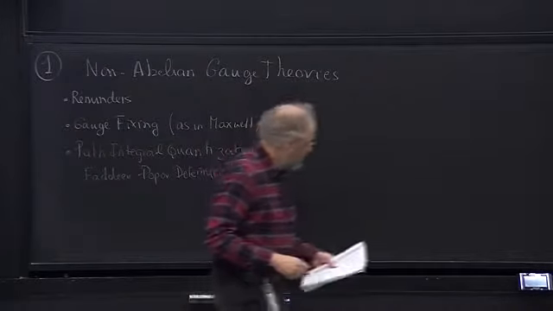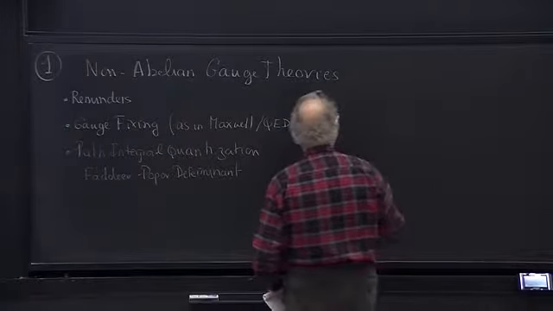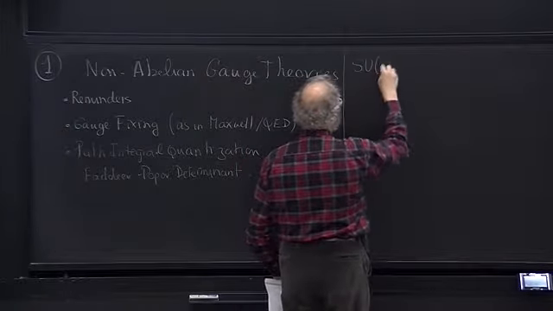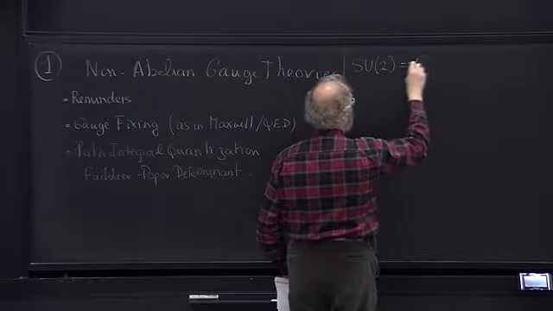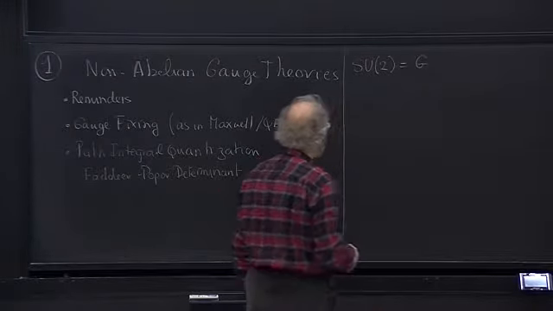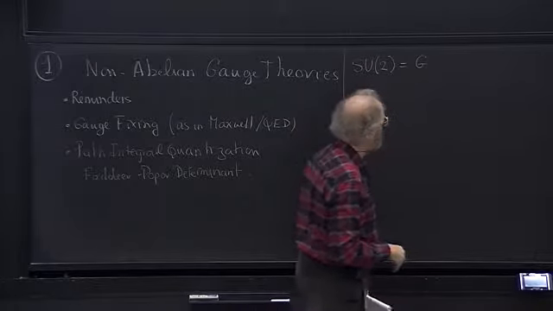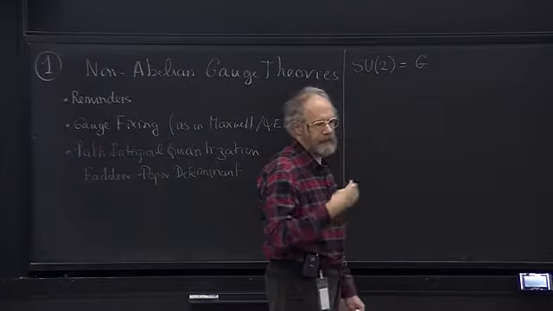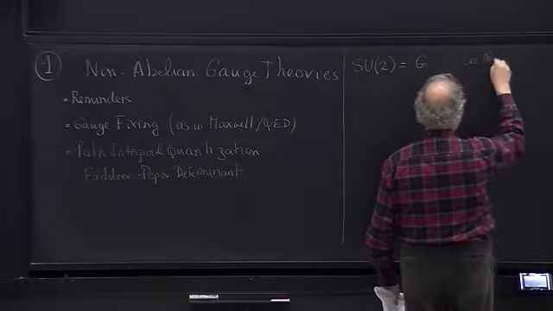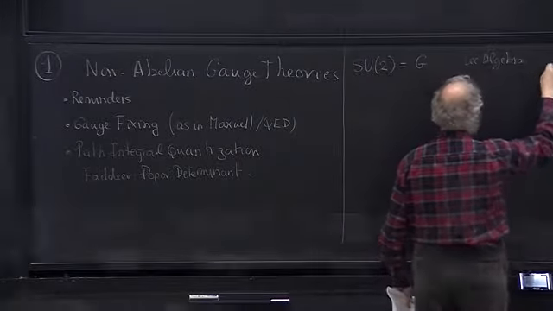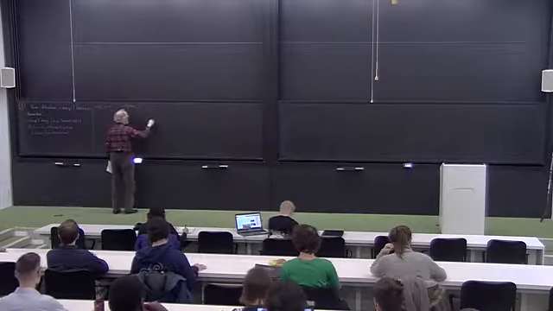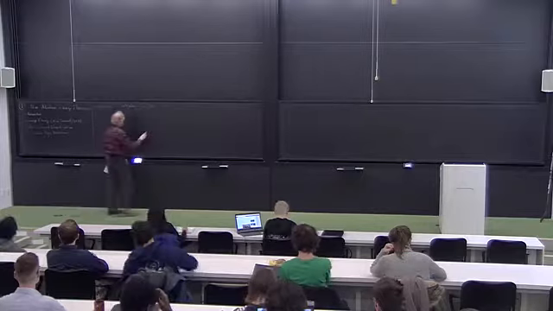Okay. So, first reminders. I will mostly consider the case of a pure SU(2), but that's generalizable. SU(2) is defined by the generators of the Lie algebra, T^a, which are 1/2 of sigma^a, where sigma^a are the Pauli matrices.